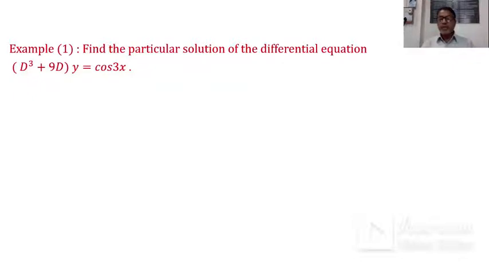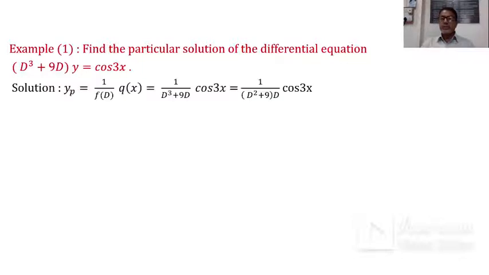Now here, first as usual, we find the complementary function. For that purpose, consider the associated differential equation and then the auxiliary equation and so on as usual. But in this example, they ask only to find the particular solution.